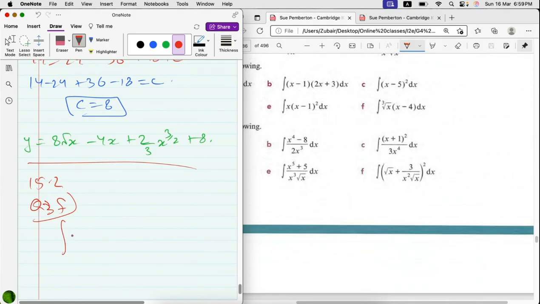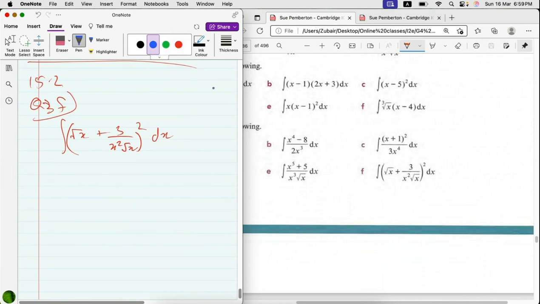We're integrating square root x plus 3 over x, whole squared, dx. Now again, as it depends entirely on individual practice, I'm very comfortable first simplifying it. I'm writing it as 1 over x, with power 2 plus 1 by 2 is 5 by 2, and then squared dx.